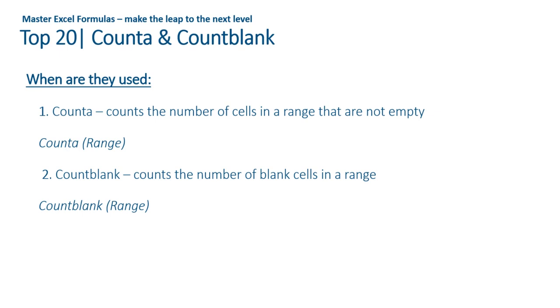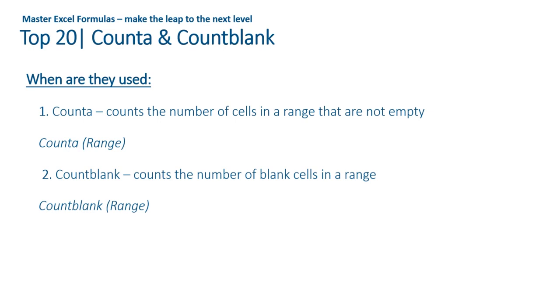So COUNTA and COUNTBLANK. COUNTA is used to count the number of cells in a range that are not empty, whereas the COUNTBLANK formula counts the number of blank cells in a range. The structure of these two formulas is actually the same. All you have to do is enter the range in which you want to count the specific number of cells that have values or that are empty.